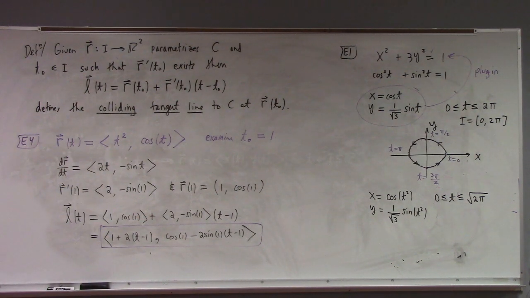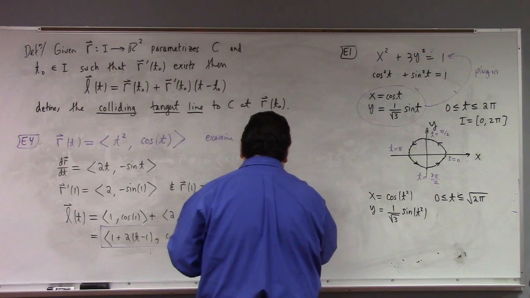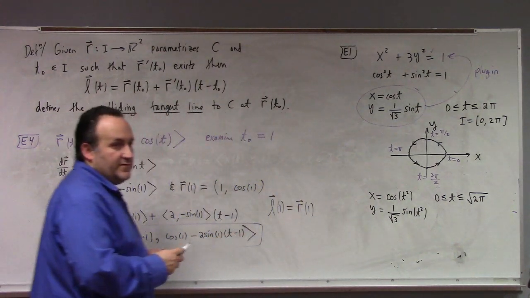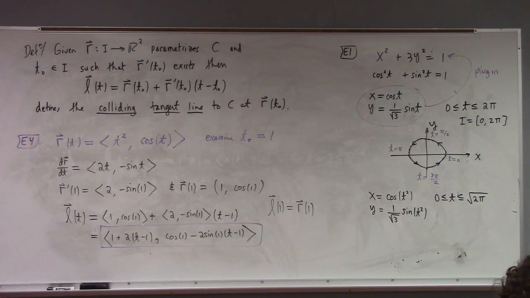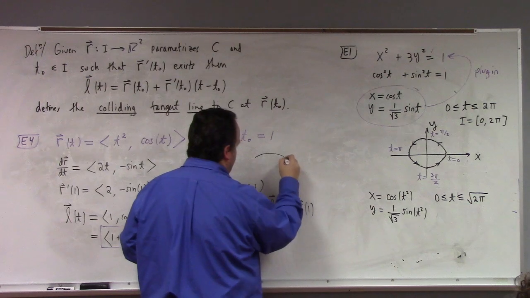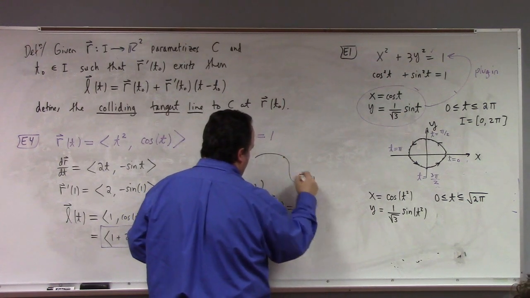So, if we plug in time 1, notice that L of 1 is equal to r of 1. So at that time, both of these parametrized curves meet. All right? Like whatever this thing looks like, I don't know what it looks like. Maybe it looks like this, right? Here's maybe a picture of r of t. Here's r of 1.